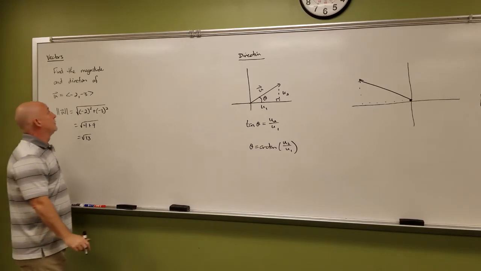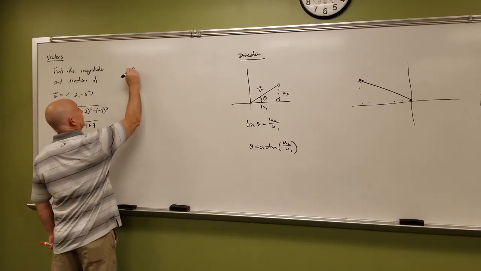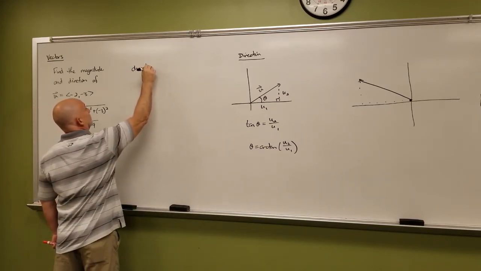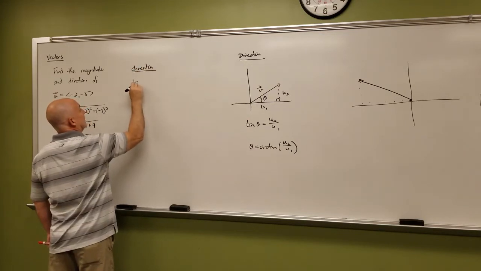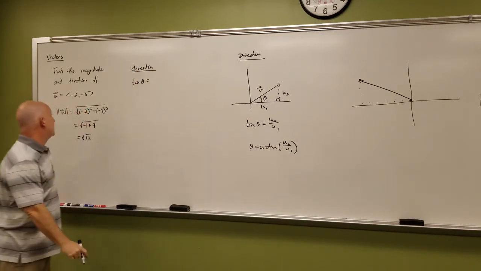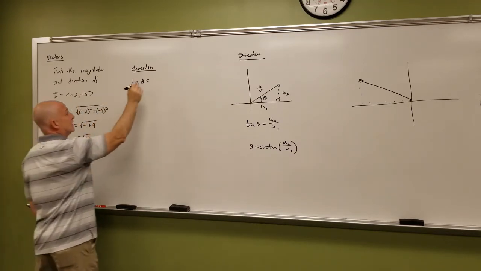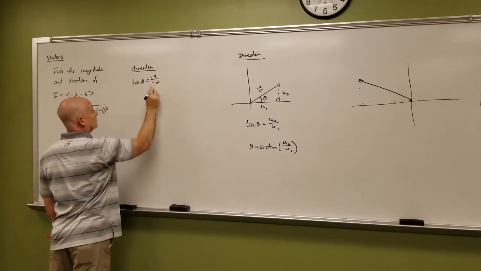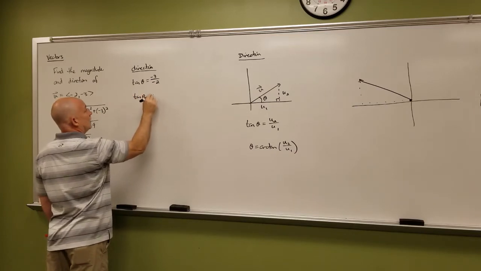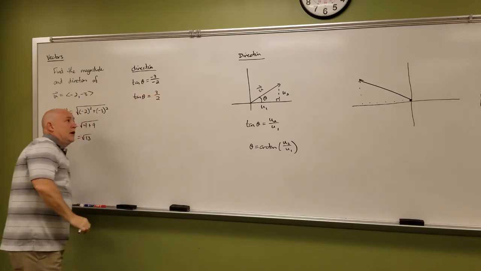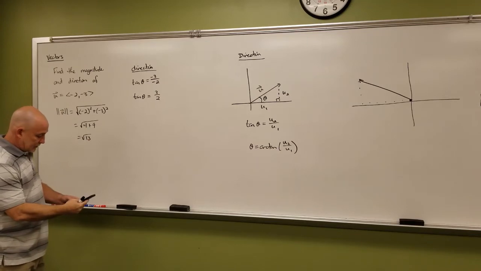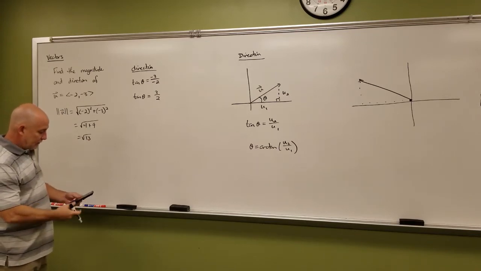If we're going to talk about the direction, I know the tangent of the angle is going to be u2 over u1, or the y over the x. So -3 over -2, or 3/2. Now again, to get to our answer, I'm just on the calculator real quick. We do have to find the arc tangent here.